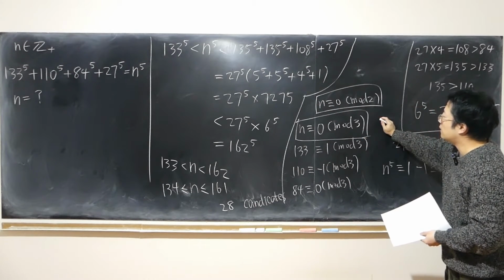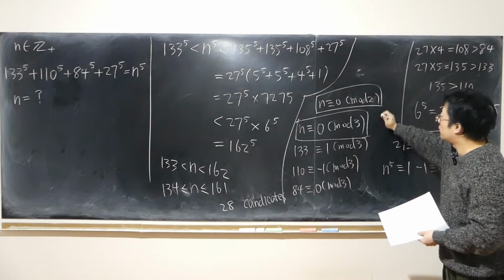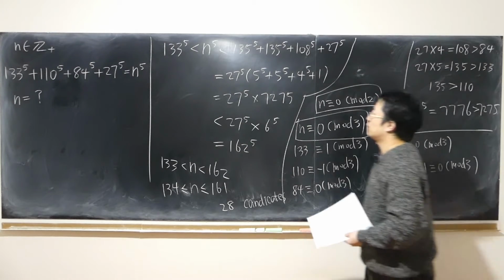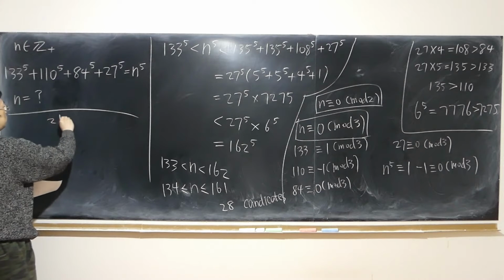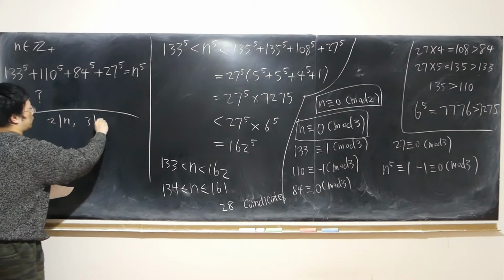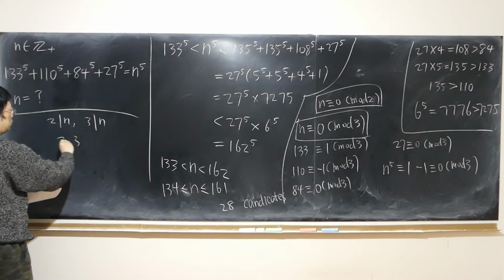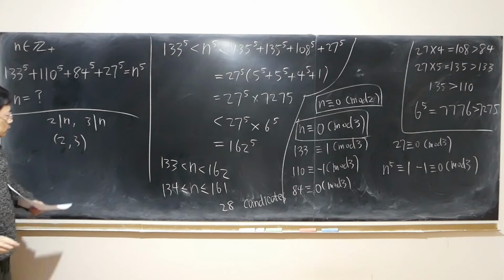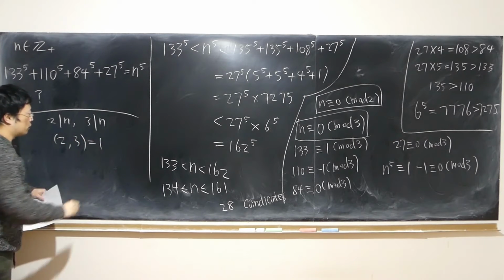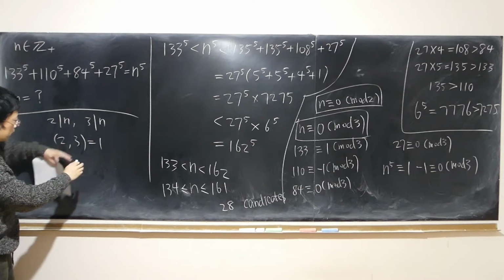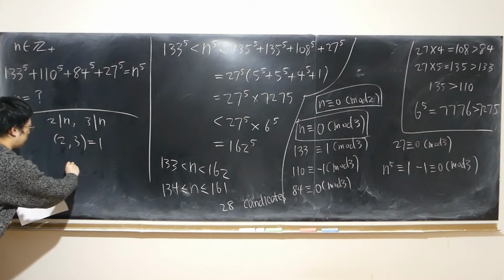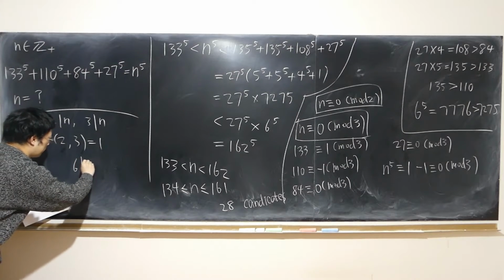It turns out that n is divisible by both 2 and 3. So 2 divides n, 3 divides n. Also, the GCD of 2 and 3 is 1, so they are coprime, therefore their product 6 has to divide n as well.